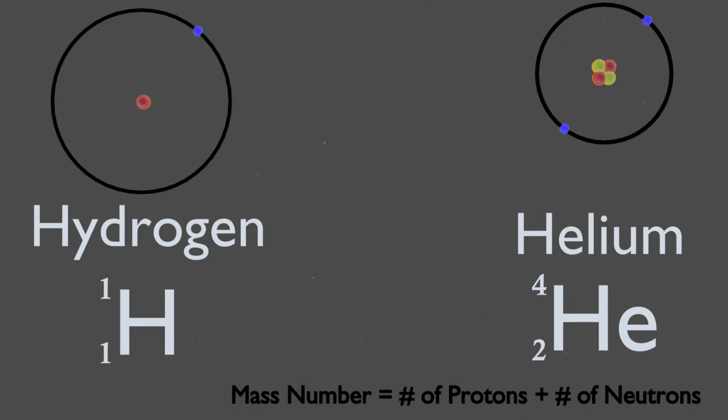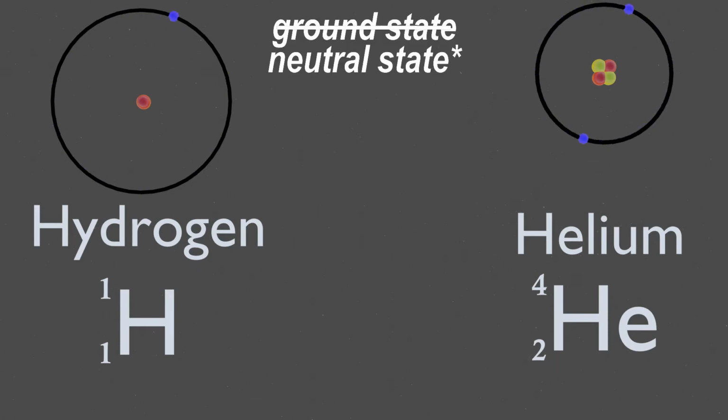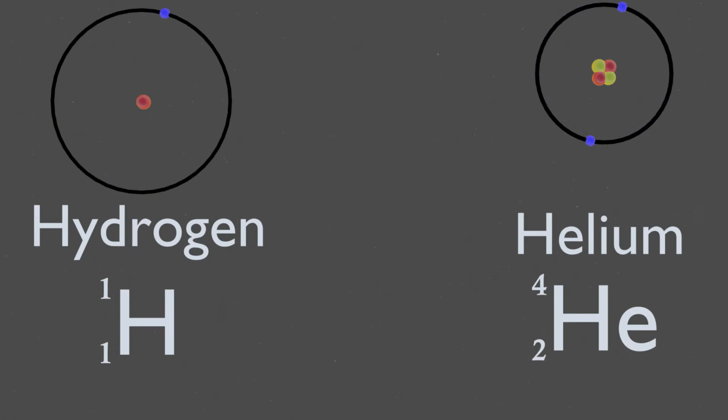Another thing that we notice is that helium has 2 electrons as well, and those 2 electrons are there to balance out the 2 protons. So generally, in the ground state of an element, if this element is not bonded to anything and we're only looking at one single atom, that's a very important note.